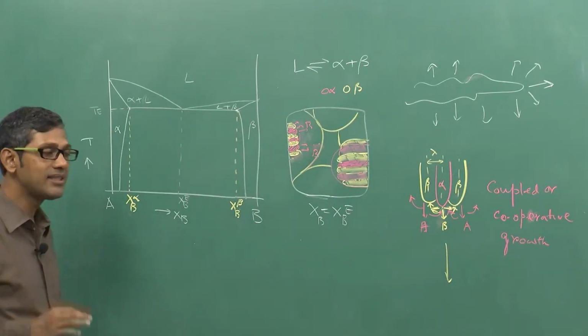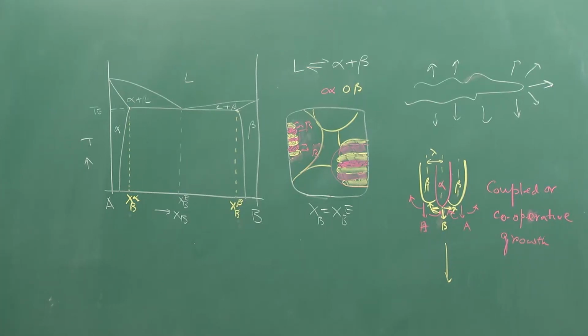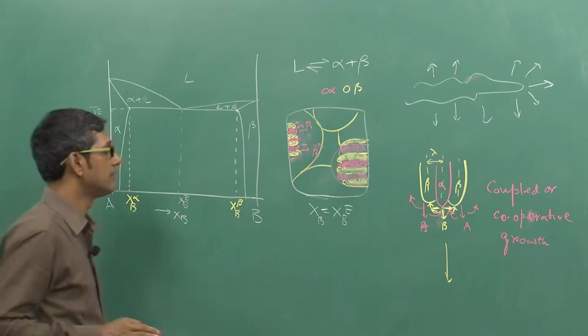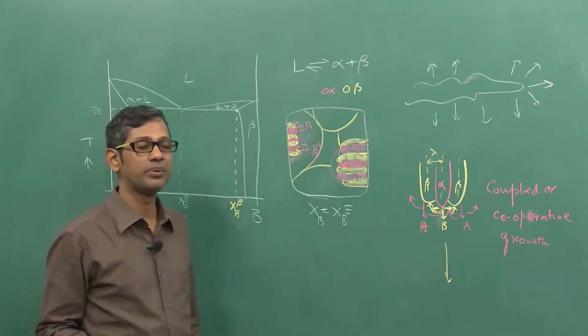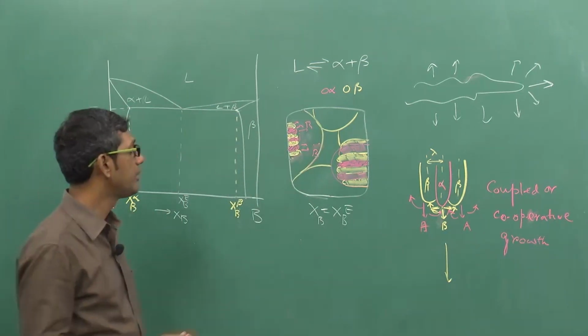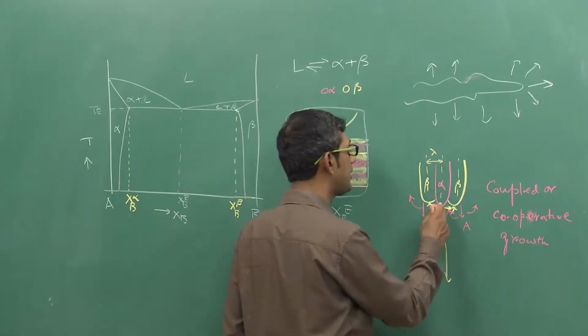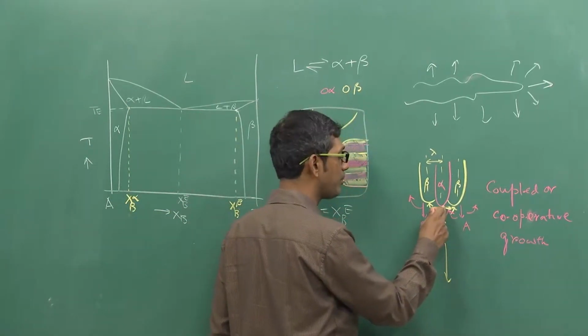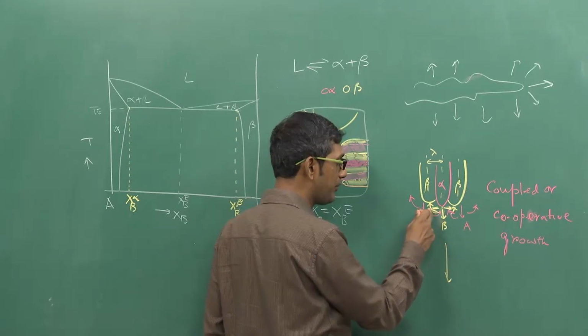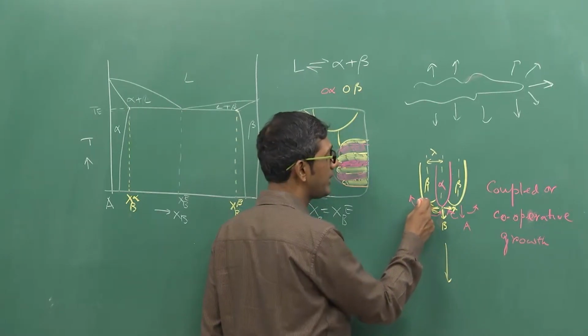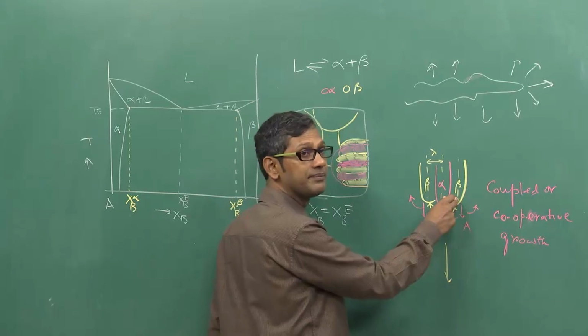Normally, this is distinctly different from the dendrites. Dendritic growth does not require such a kind of coupling of the diffusion fields. Remember, the atoms from the tip of alpha, basically B atoms, have to diffuse sidewise to reach the beta lamellae.